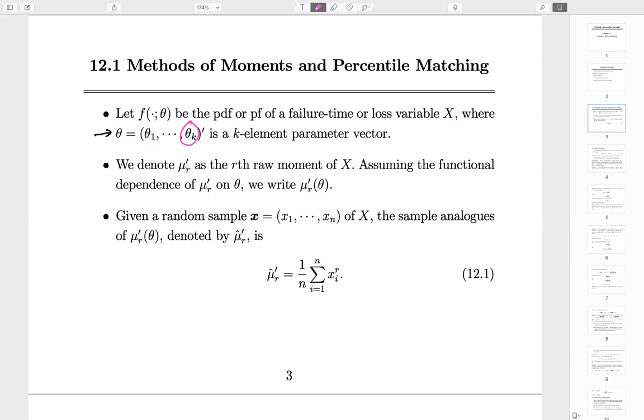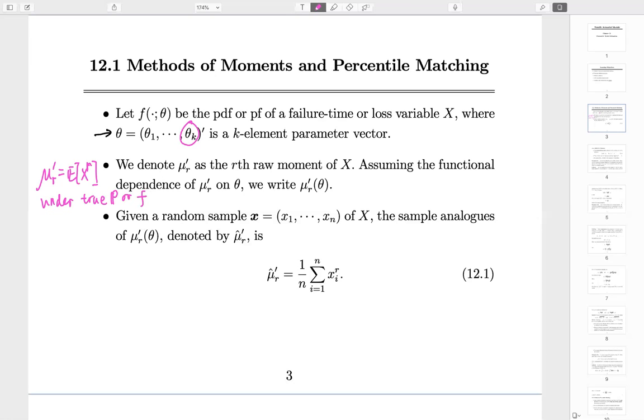So here we introduce a notation, mu with subscript r, where r denotes the r-th raw moment, and we put a prime to denote this is the raw moment from the true model. In other words, this is the definition of this, and the expectation is taken under the true probability, or f.